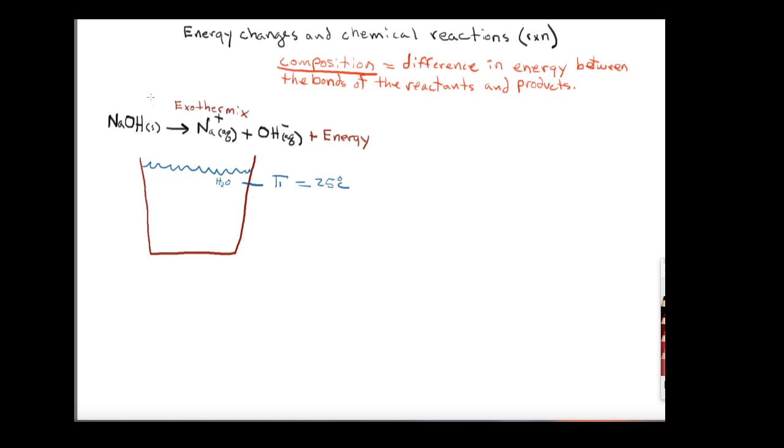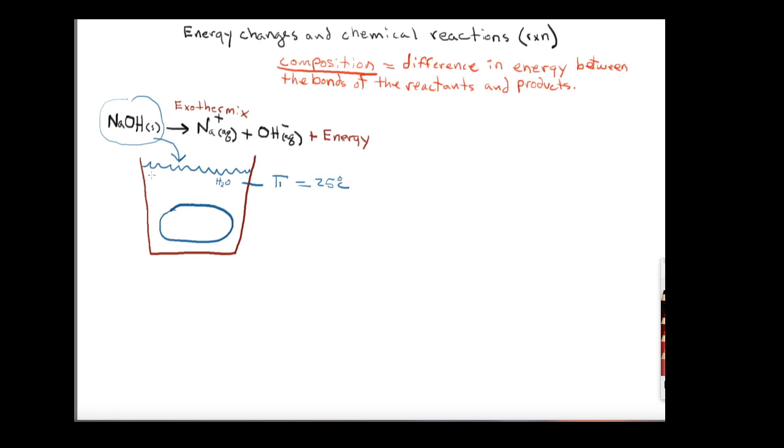And then what we're going to do is take our NaOH that comes in a bottle and add it into our system, or into what we're going to call our surroundings, right? I'm just going to put a big circle right here. And on the inside, I'm going to put our reaction.